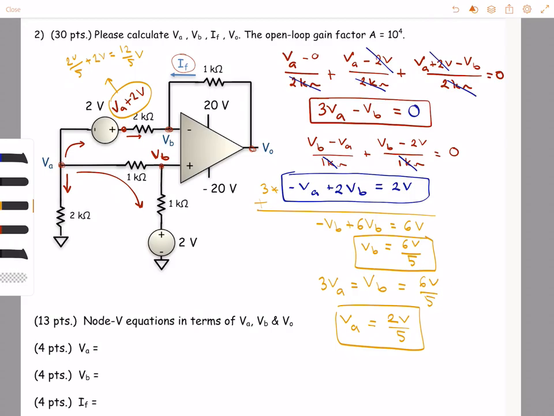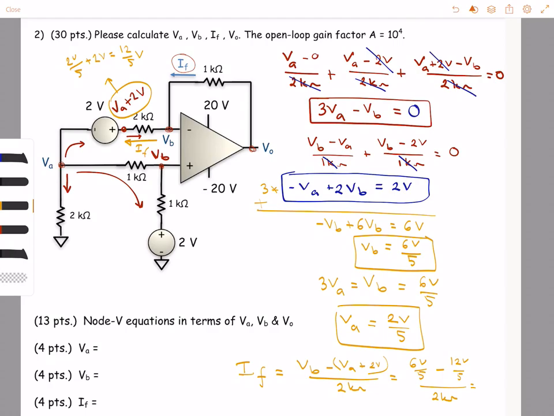Since we know VB, we can calculate the feedback current, which runs in this direction, IF. IF equals VB minus VA plus 2 volts over 2 kilo ohms, which is equal to 6 volts over 5 minus 12 volts over 5, divided by 2 kilo ohms.